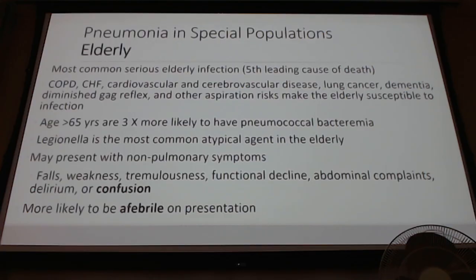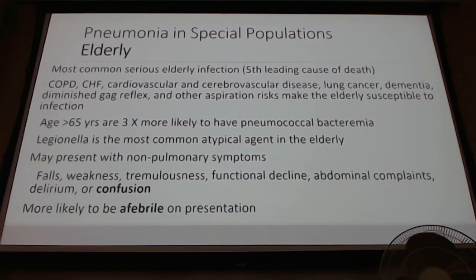The elderly present more often with non-pulmonary symptoms. Commonly in the ER we get elderly patients that are altered, and so typically we treat them with a very shotgun blast of everything. It's very broad, but I would say the most common cause of that delirium, which I think you guys just tested on, is going to be a urinary tract infection or a pneumonia in elderly patients.